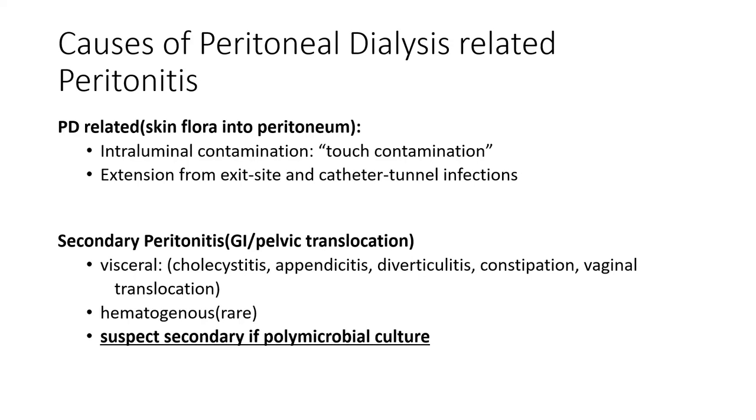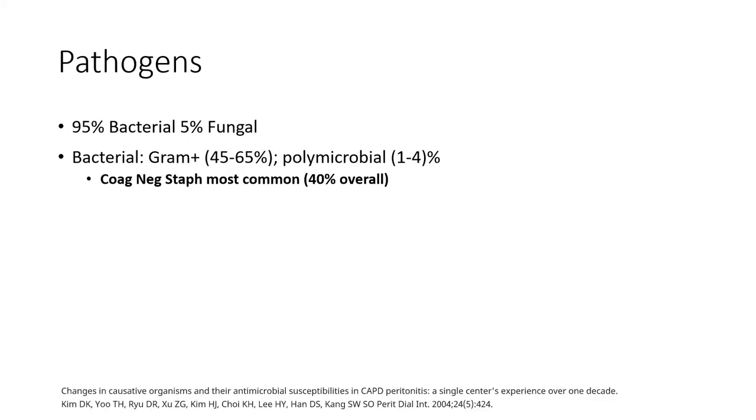And if you're getting polymicrobial culture results, that's when you should be suspecting a secondary peritonitis. So pathogens are almost entirely bacterial. Fungal is rare, but is a lot more serious and often occurs in the setting of patients on antibiotics. We're talking mostly gram-positive pathogens, but again, you can get some gram-negatives when it's an intra-abdominal process, with coag-negative staph the most common pathogen isolated.